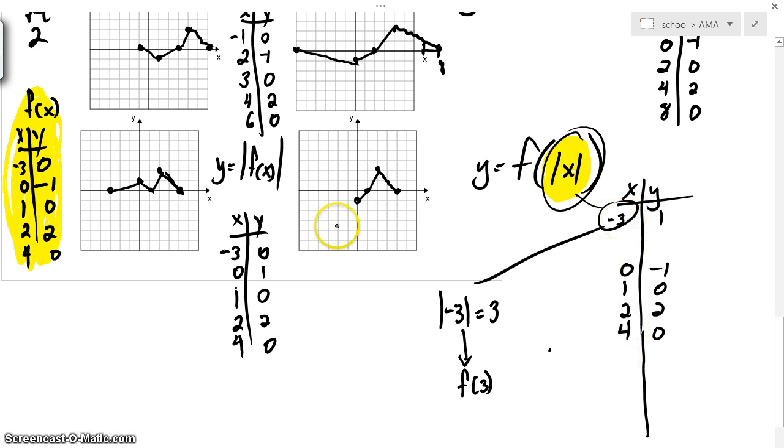I would, in fact, get at -3, let's see, 1, 2, 3, we'd be up here at 1, much the same way you'd have 3 comma 1. But my goodness, you know what would happen if I plugged in, say, -2? Well, the absolute value of -2 is 2. And then what is happening at f of 2? Well, f of 2, we know from this table over here, is 2.